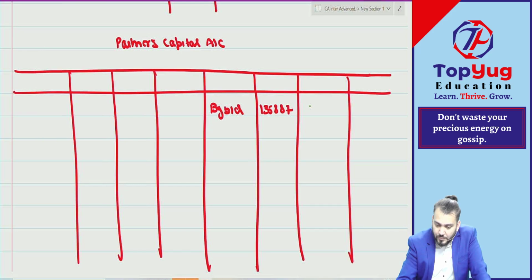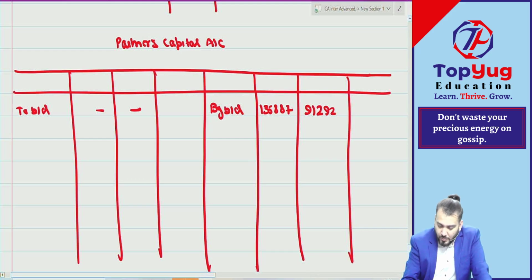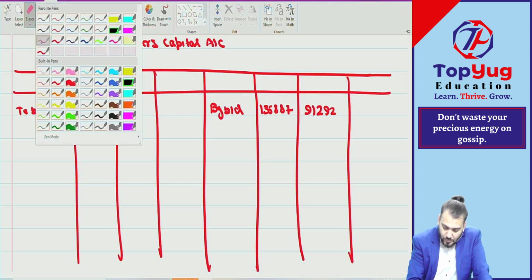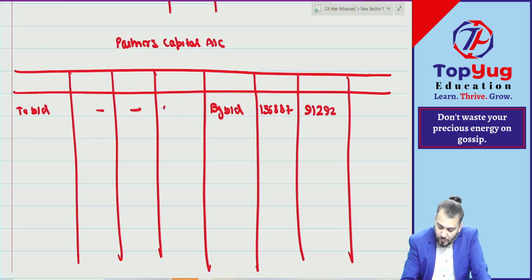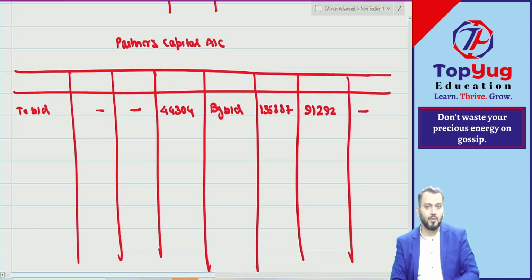Then 91,292. And we write down to balance brought down, how much? 40,304. Done. Correct. Then batao.